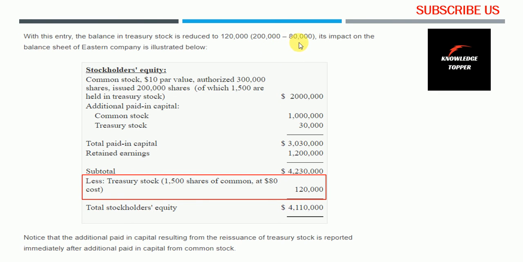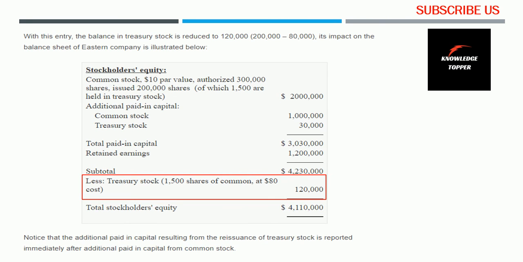So the treatment for our balance sheet is 1,500 shares of common at $80 cost. Like in our first example, the value of a particular treasury stock is $80, and 1,500 shares of common at $80 cost is 1,20,000, which we record in our balance sheet.